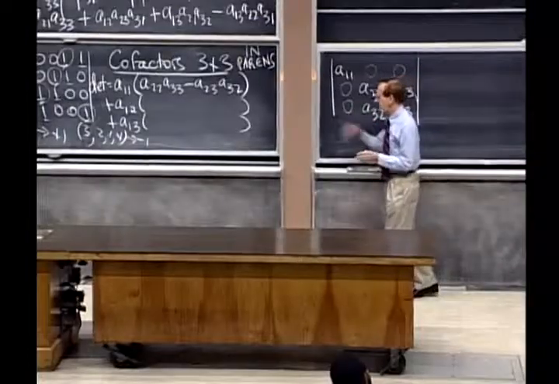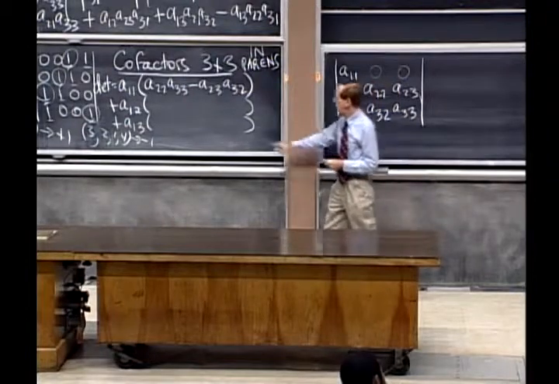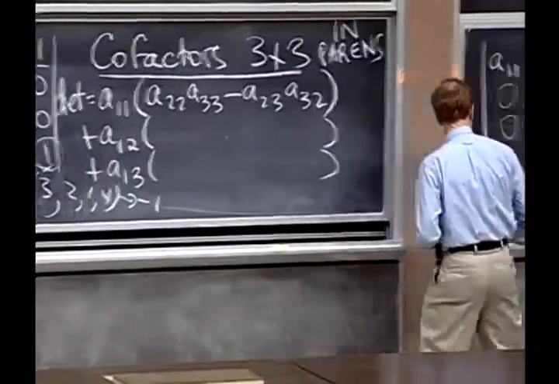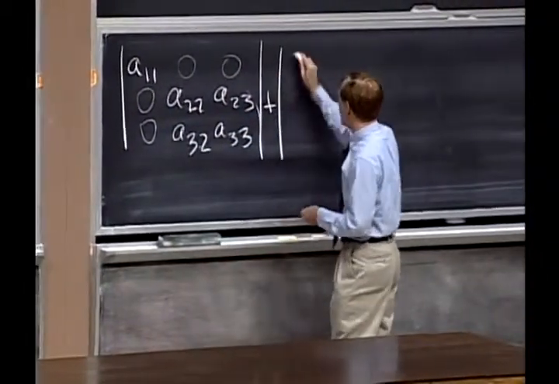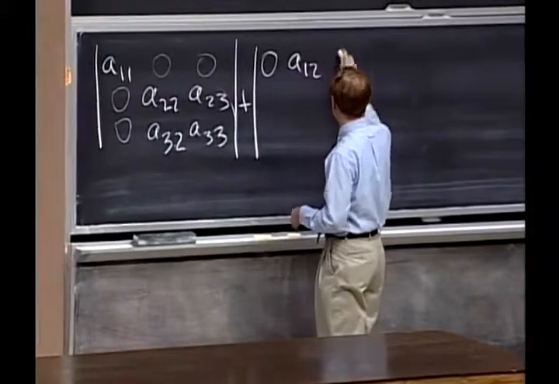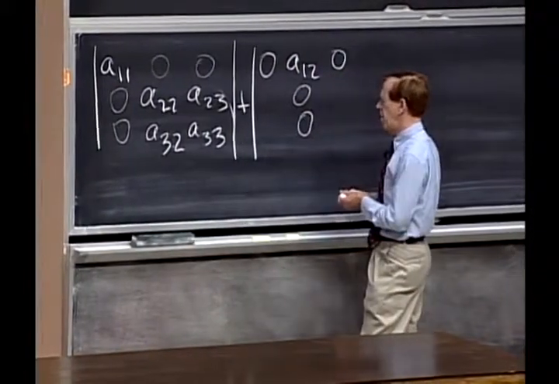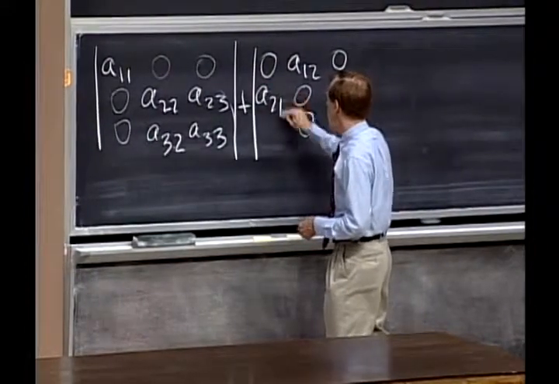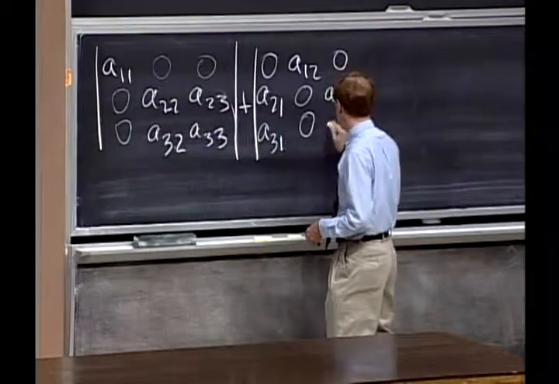We just have to remember that with determinants, we've got pluses and minus signs to keep straight. Can we keep this next one straight? Let's do the next one. When I use A12, I can't use that column anymore, but I can use A21 and A23, and A31 and A33.